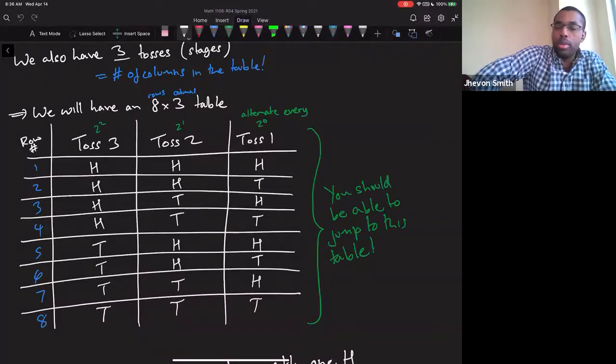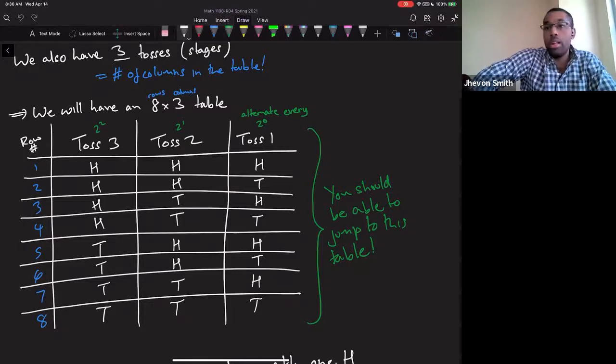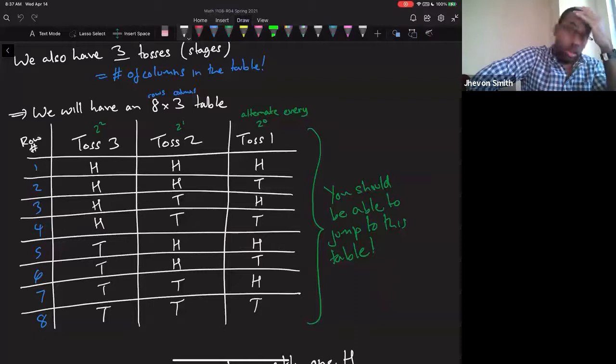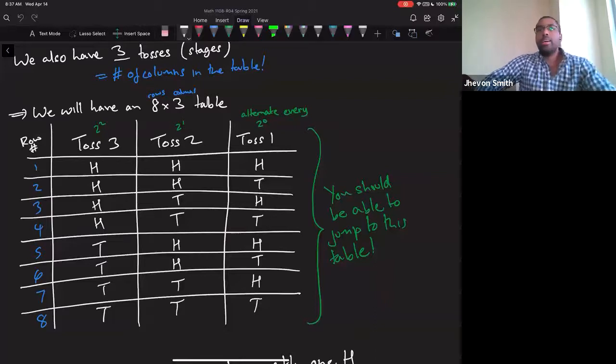Your number of rows would be equal to your number of outcomes, and the number of stages of the experiment equal to the number of columns. And we know, because there are 2 options, we can alternate all our elements every 2 to the i times, where i starts from 0, then goes to 1, then goes to 2. That way you get all possible scenarios. You'll never miss one doing that.